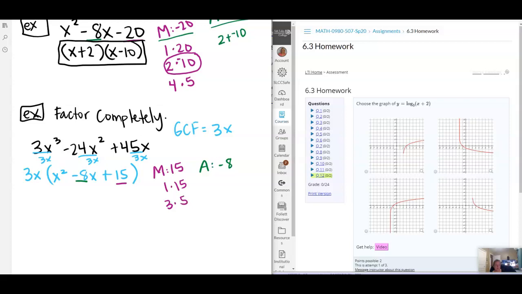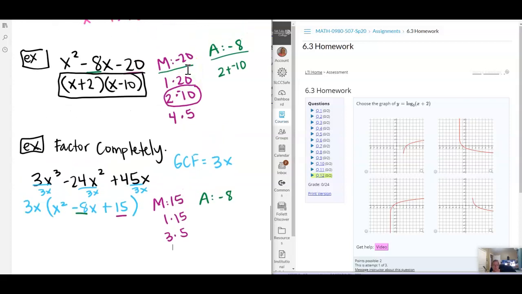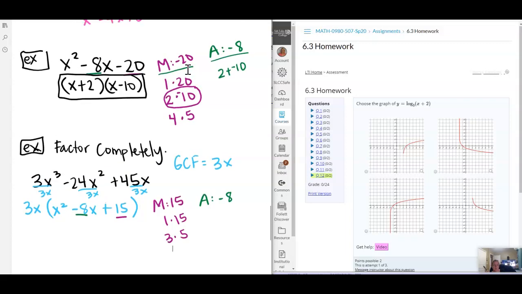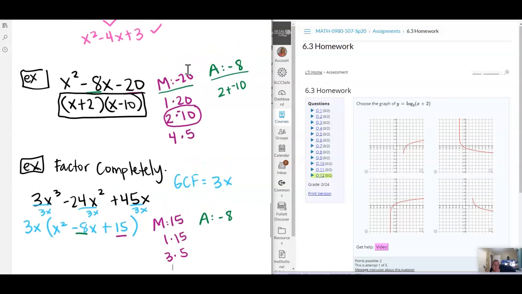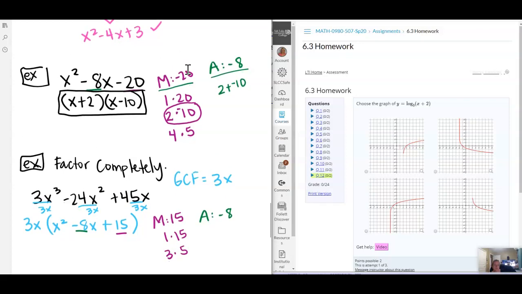But on this one, right, how are we going to make it so that they add to be a negative 8? To make them both negative. Right, so if I had negative 3 plus a negative 5, right, that gives me negative 8. And negative 3 times a negative 5 gives me a positive 15.